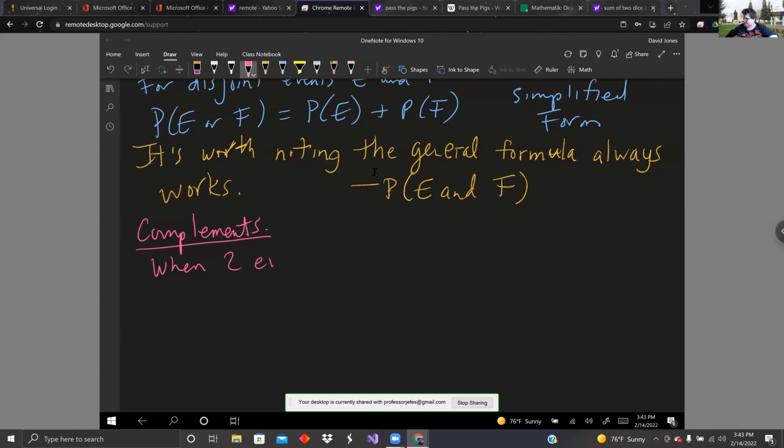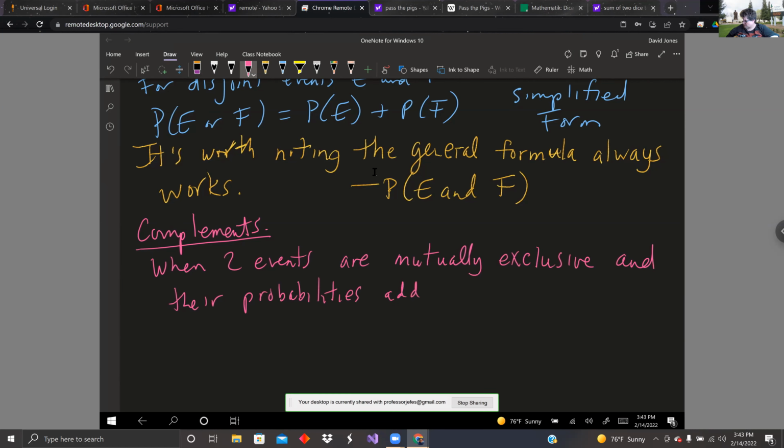When two events are mutually exclusive, and their probabilities add to 1, they are said to be complements.